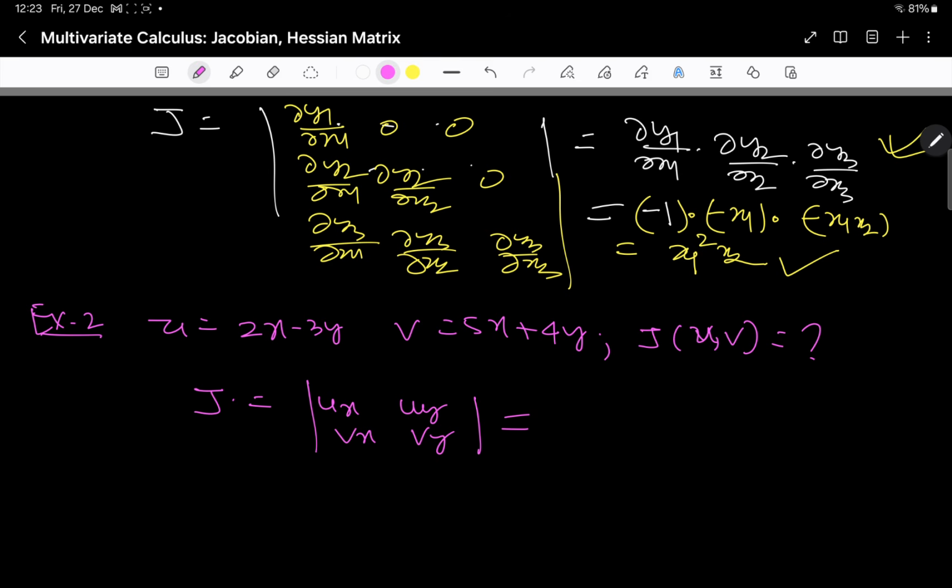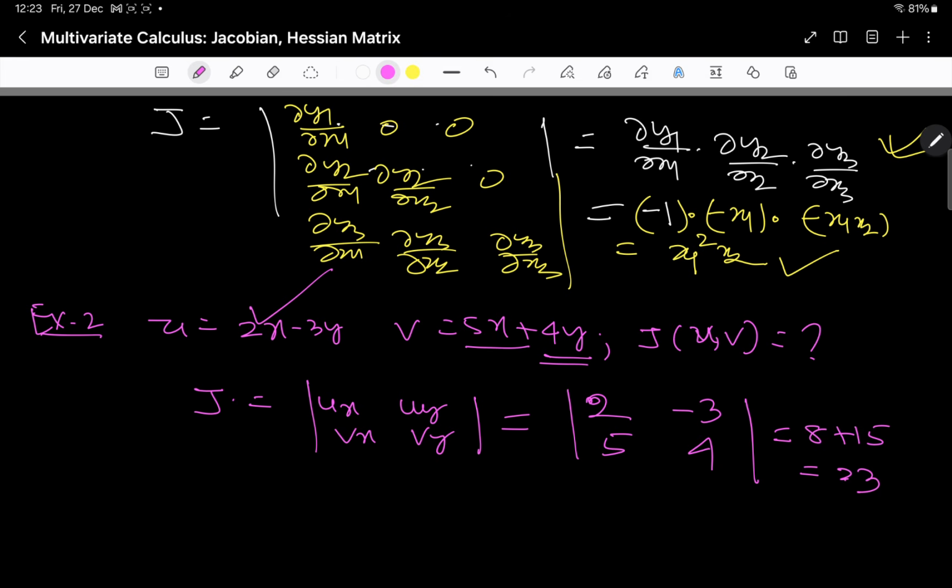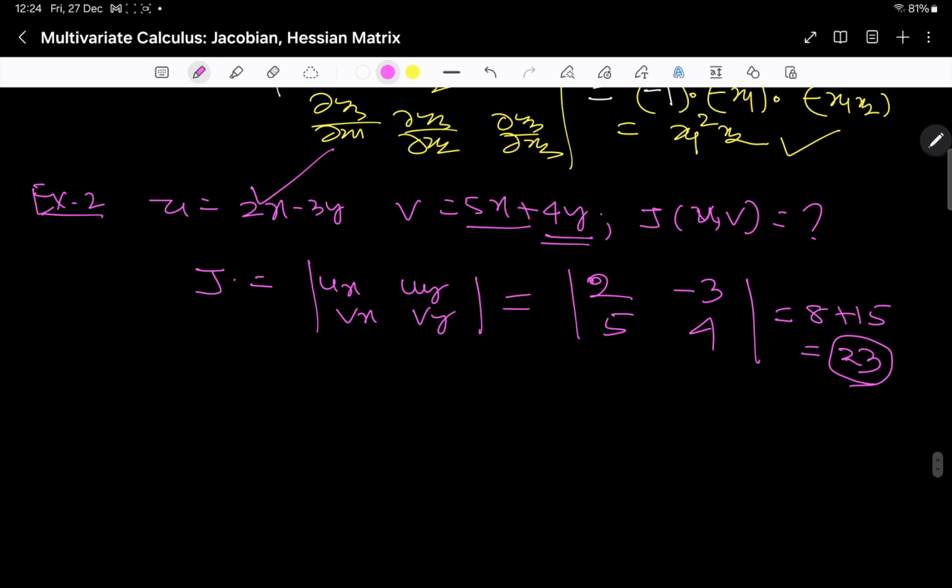The partial derivative ux is 2, and uy is minus 3. Similarly vx is 5, vy is 4. You take the determinant. This is 8 plus 15, which is 23. So this is your Jacobian. From a short question point of view, you may be asked to find the Jacobian. One more example.